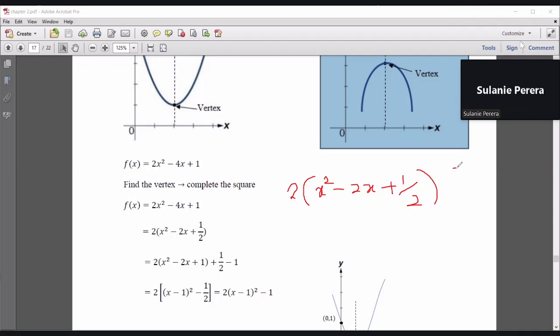Very good. So what is half of minus 2x? Minus 1. Right.